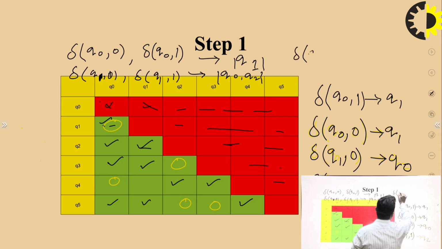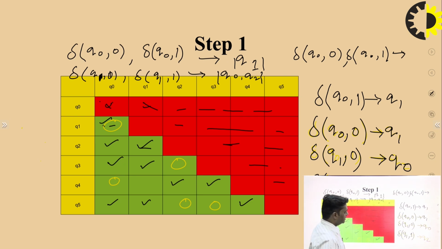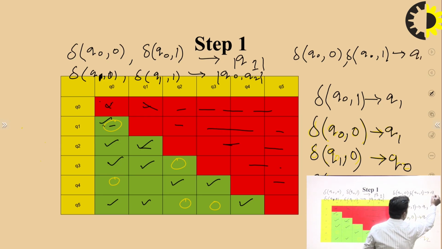Transition clearly Q0 0, comma, transition Q0 1, then we get Q1.